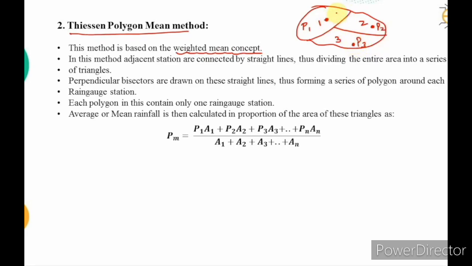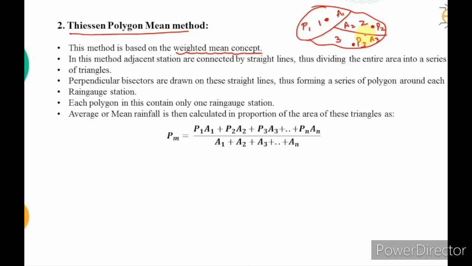Now in this area, A1 represents the area of the first block, and A2 and A3 are respectively the areas of the second and third block.